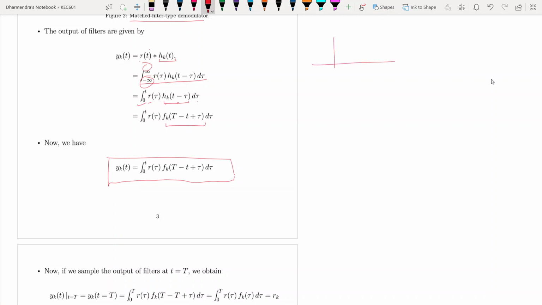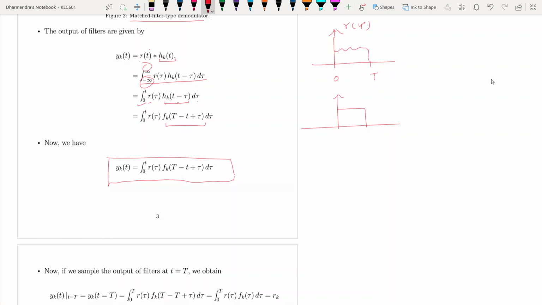Actually, your r tau is also defined from 0 to T, and suppose h tau is also defined in this interval. Maybe this is your waveform like this.